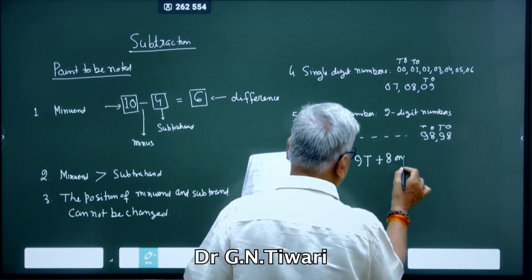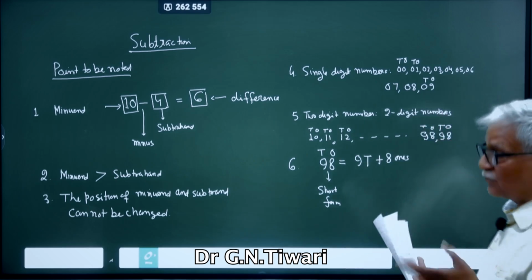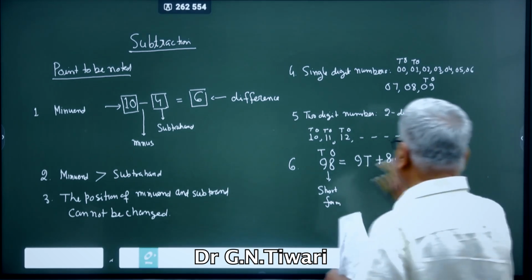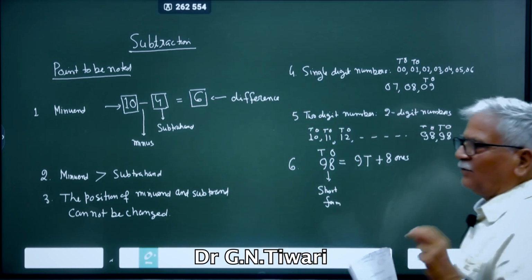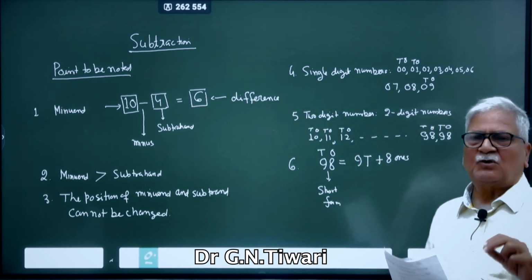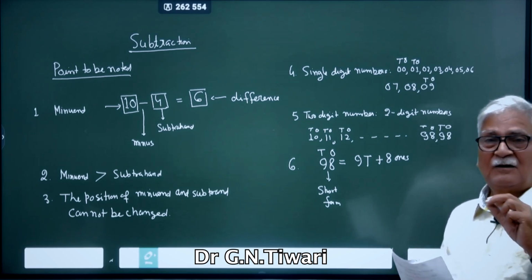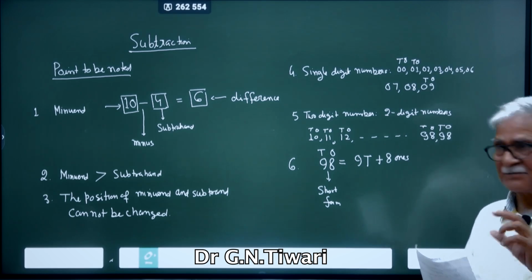Once I am writing it here, because if I say O, in confusion the children can understand it as 80. That is the point which is very, very important when I am going to do the subtraction, and 4 methods are there. So now I will discuss the first method.